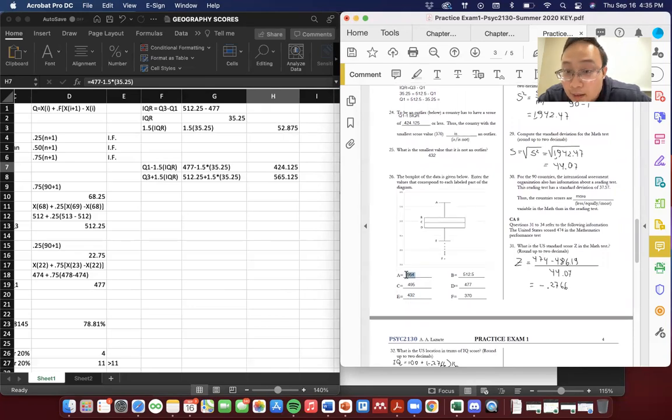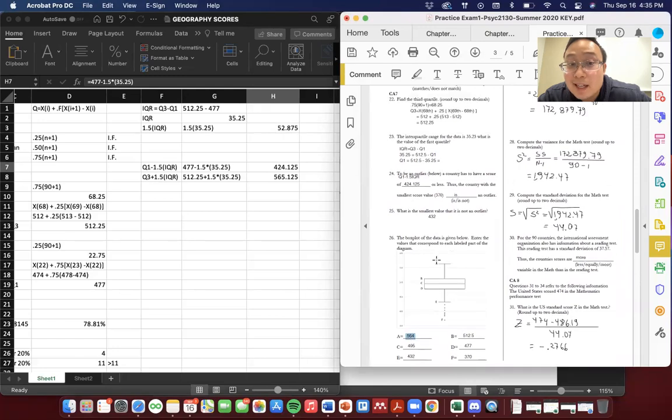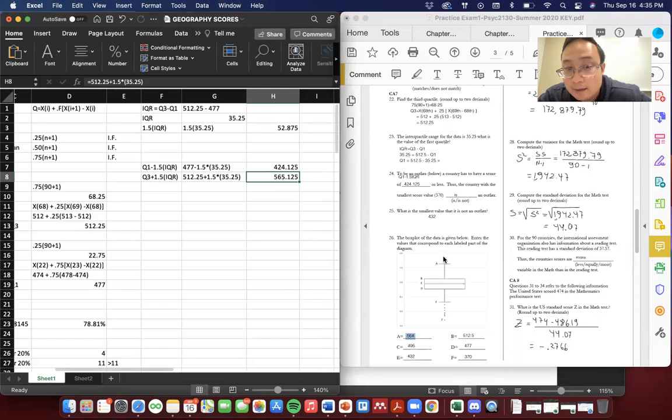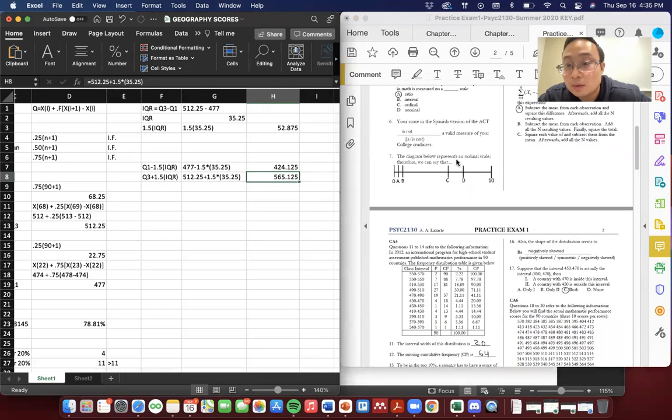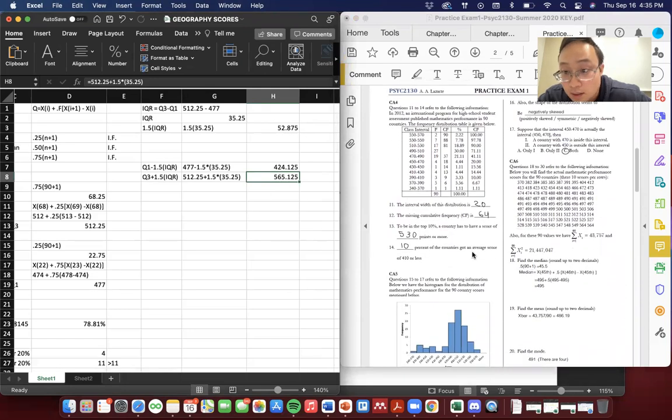Same thing with A, right? Anything above A is dots, outliers, and the first thing below this is A. So what is above this? Well, there's nothing above this, so there are no outliers above. There are only outliers below.